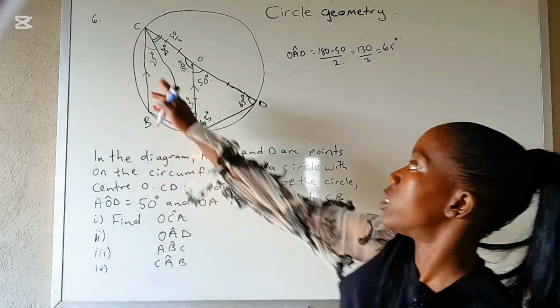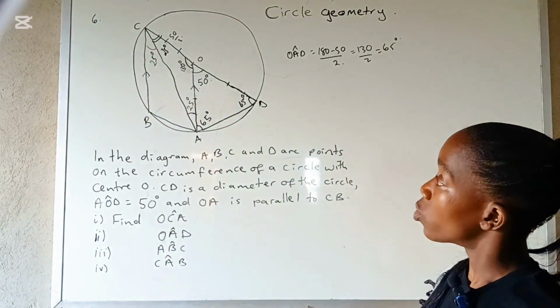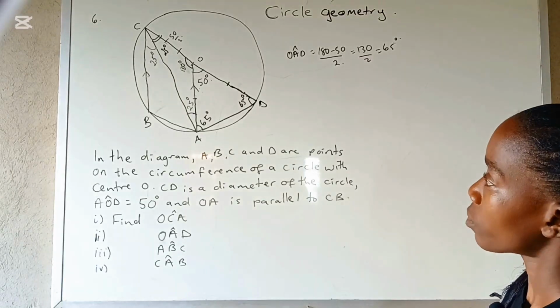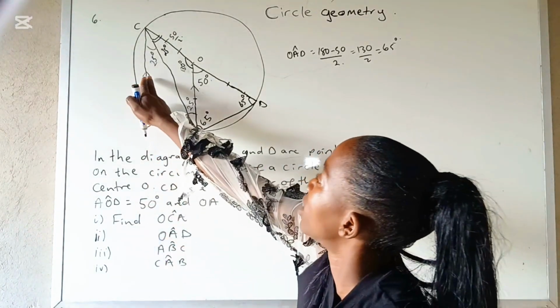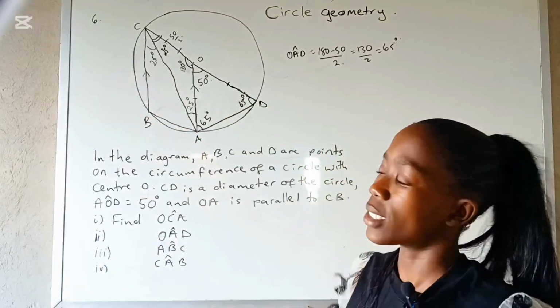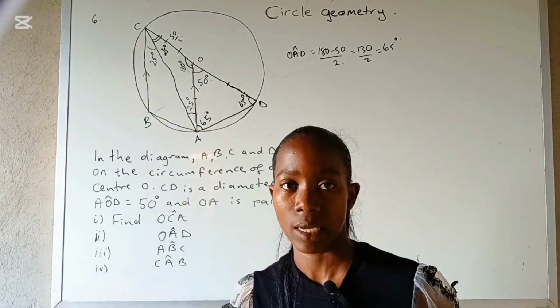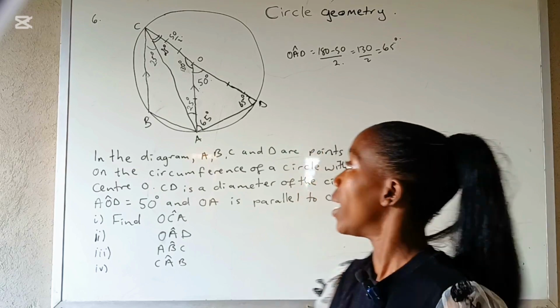This one means this one is 25 degrees. Do not apply this theorem when you are not told that this side is parallel to this side. Do not assume laws, right?